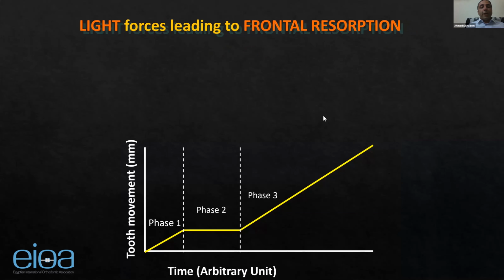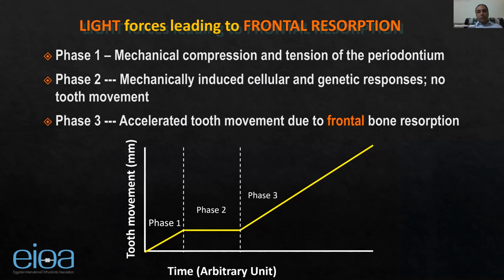And tooth movement with light forces takes phases. The first phase is what we call the mechanical phase. In this mechanical phase, there is compression of the periodontium. So the tooth in a few seconds seems to have moved, but not half a millimeter, because the periodontal ligament is about 0.2 to 0.3 millimeter in cross section.